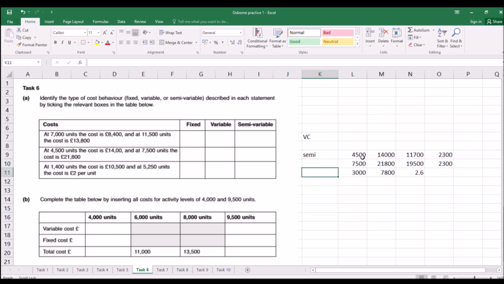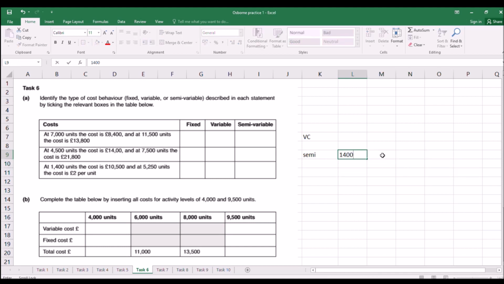And then the last one, so we've got 1,400 units, and it costs 10,500, and at 5,250 units, the cost is £2 per unit.